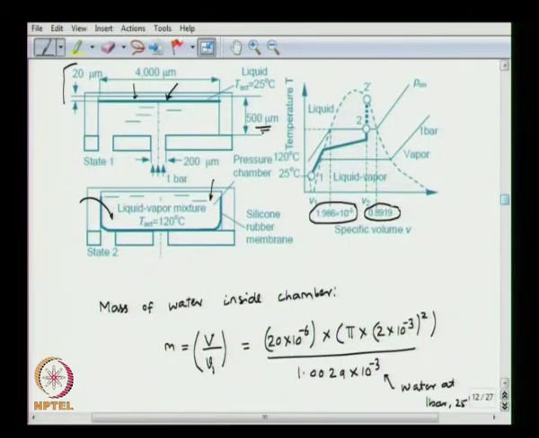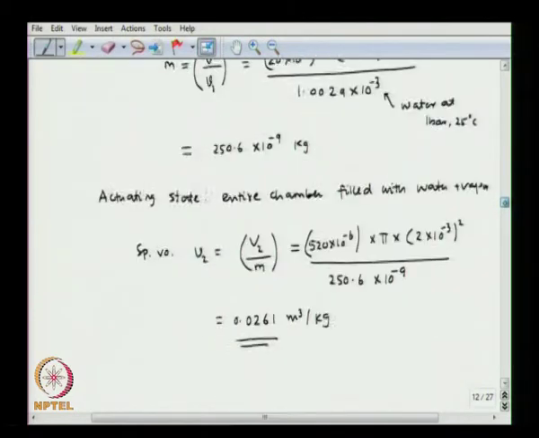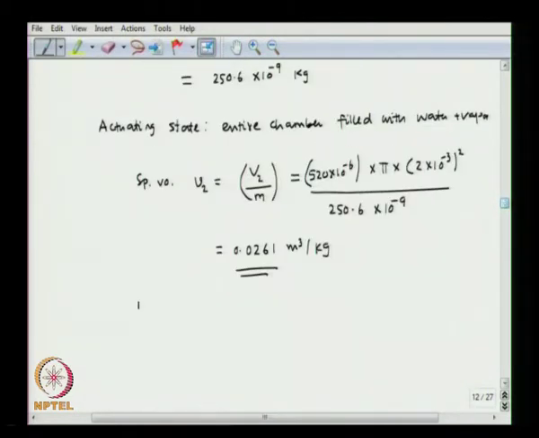So, what we say is that this is a mixture, and so the actuating pressure will be the corresponding saturation pressure at this condition, the saturation pressure at 120 degrees C. So, the actuating pressure will be equal to the saturation pressure at 120 degrees C, which is given by 1.986 bar.